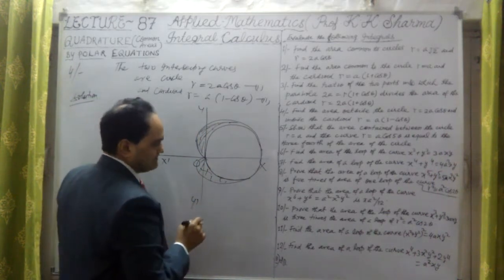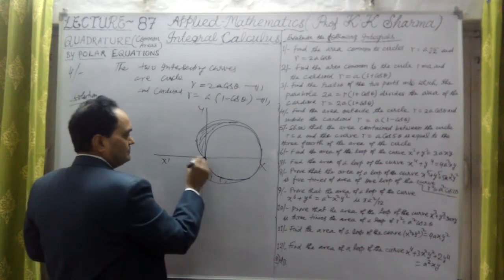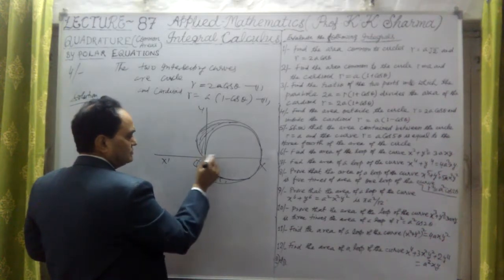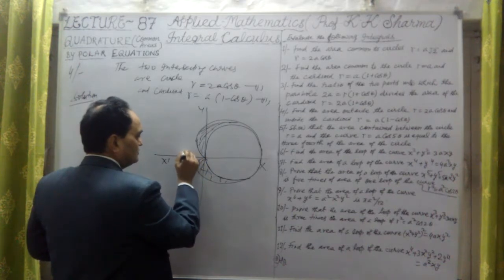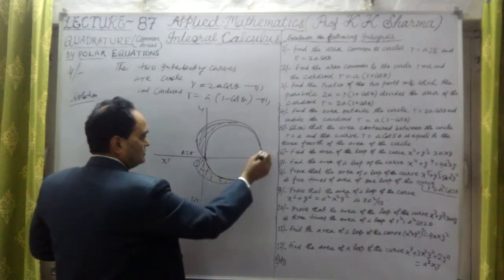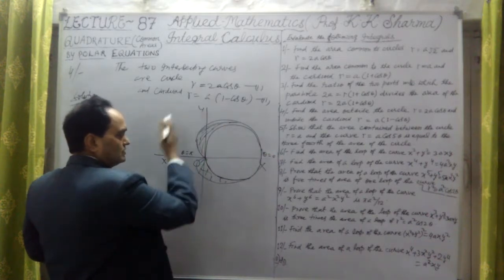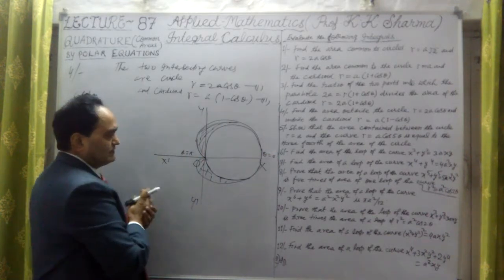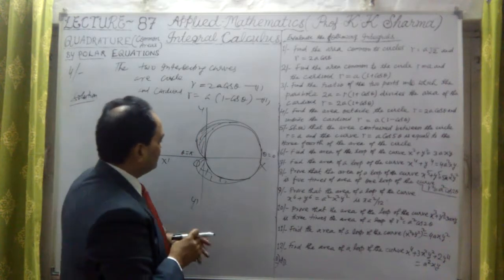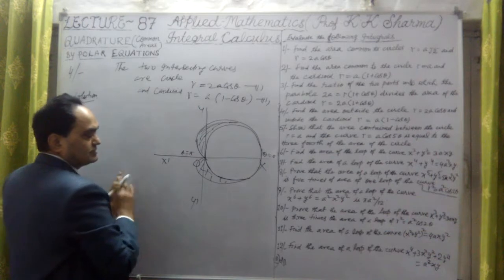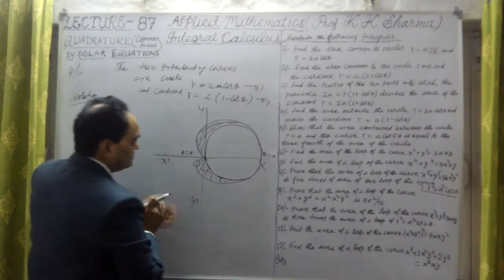Nothing else. The limits are 0 to pi, theta equal to pi here and theta equal to 0 here. Or this could be drawn like this, with the circle inside and the cardioid here. So the area outside the circle means the circle's area is to be subtracted from the area of the cardioid.